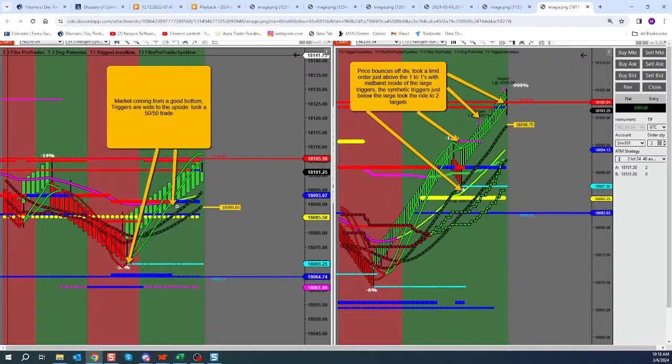But that doesn't discount the fact that you have unbelievable momentum. It doesn't discount the fact that the smalls broke through, that you let them break through, and you took that little pullback right up to the fibs with all that momentum.